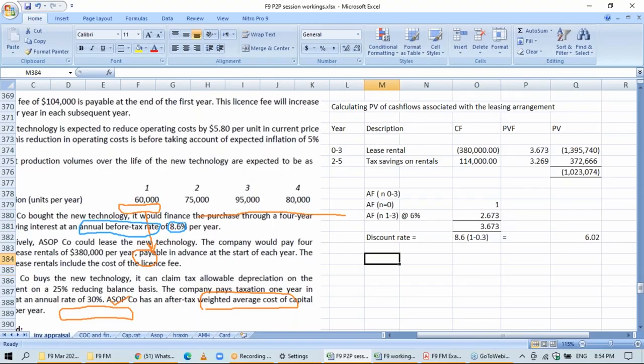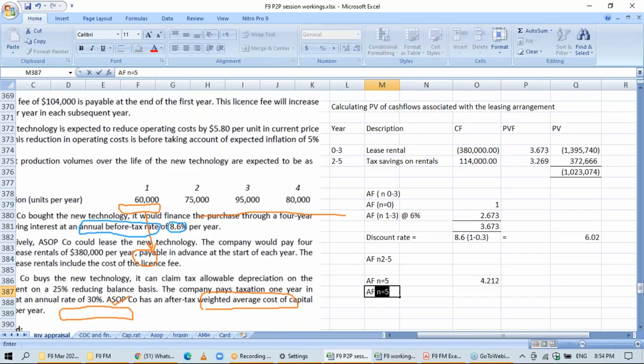Then from 2 to 5, the annuity fraction from year 2 to 5. In that case, first I'll pick the annuity fraction for 5 years, when n equals 5. For 5 years, the annuity fraction is 4.212 at 6%. And I don't want the first year's present value because the tax saving will not occur in year 1.